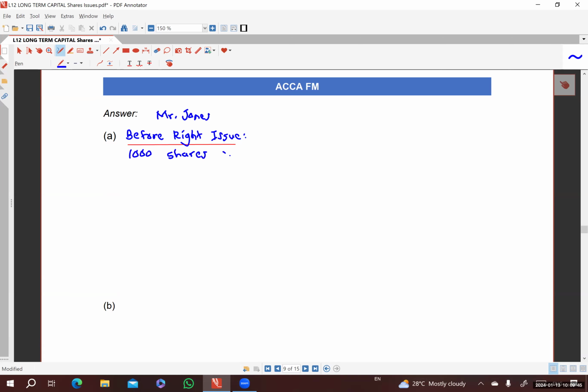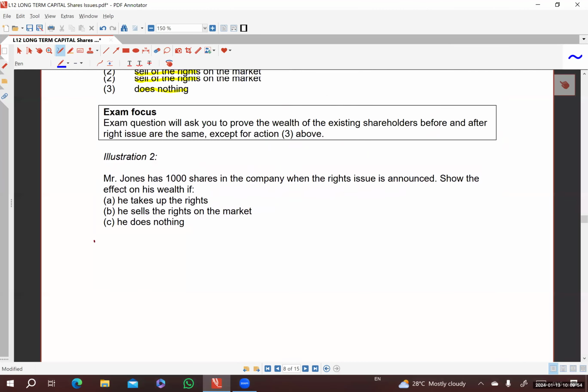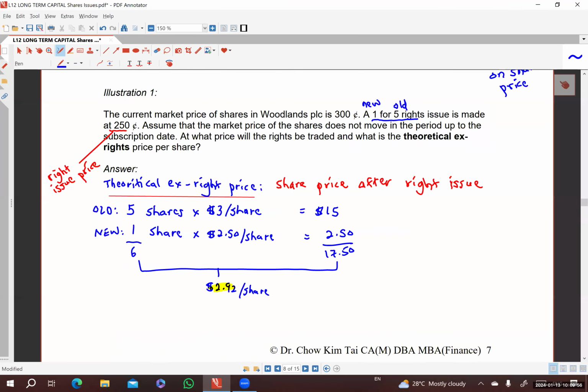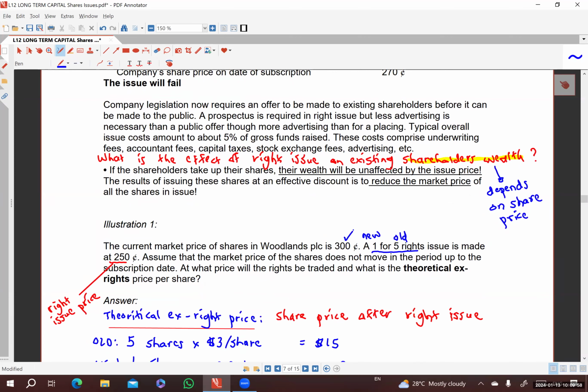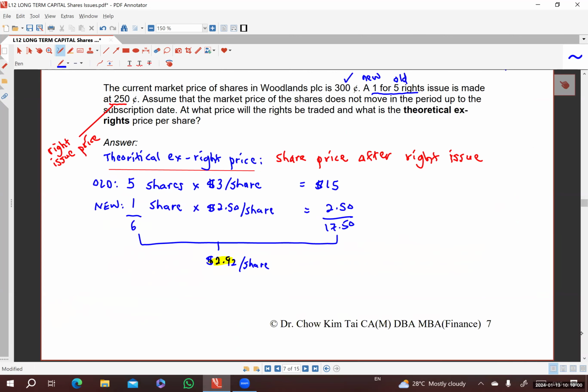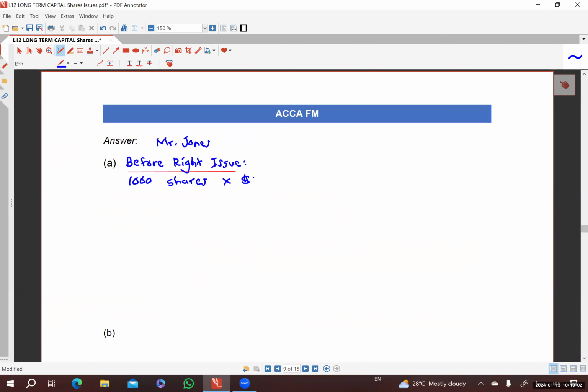We want to compute his wealth. Before the rights issue, the share price is $3. So his wealth in the company is $3,000.